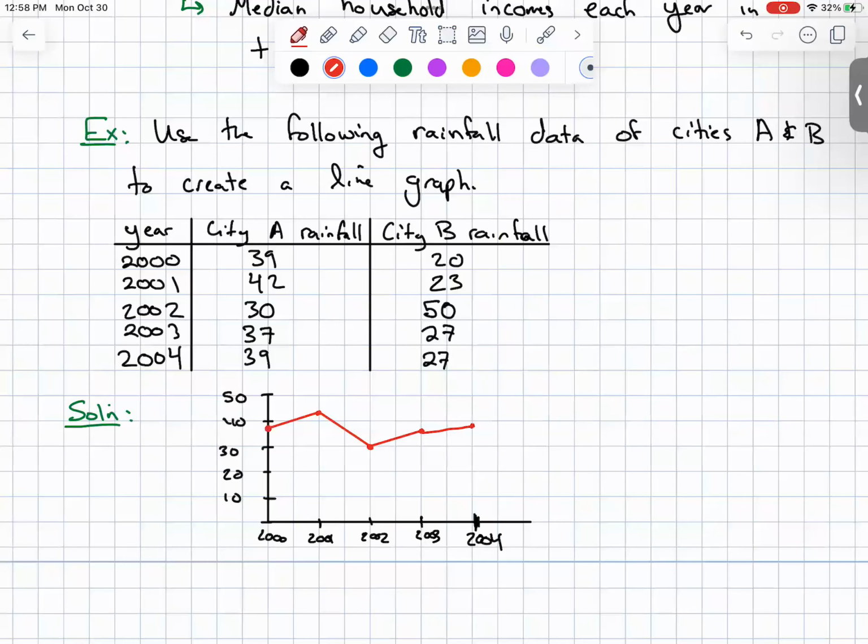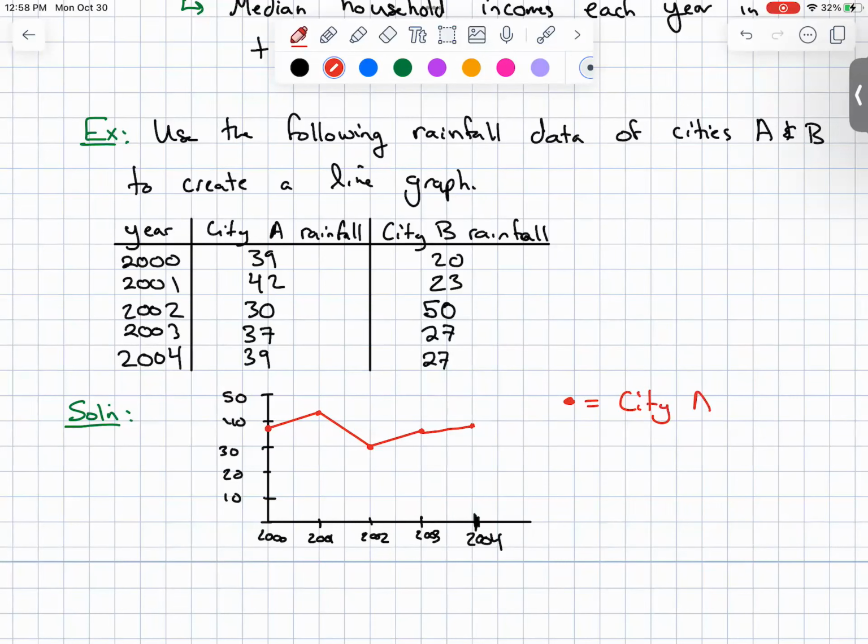It's not like at the start of January of the year 2000 it was at 39 and then increased all the way up to 42. It's just measuring each bit of data annually, but it still does give us a good rundown.